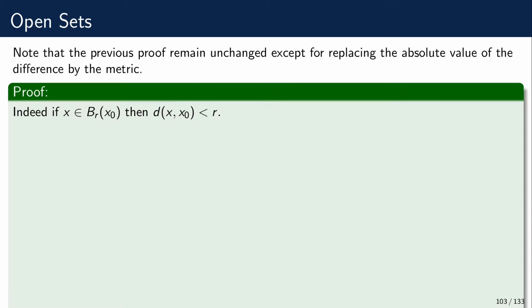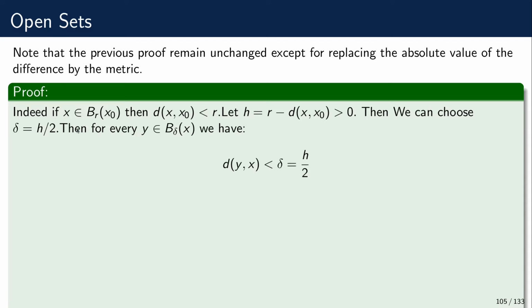Suppose we take any point x in the ball with radius r around x0. This means that the distance between x and x0 is smaller than r, and let us choose h to be the difference between r and this distance. By definition, since this distance is smaller than r, h is some positive number. Now let us choose delta to be h over 2.